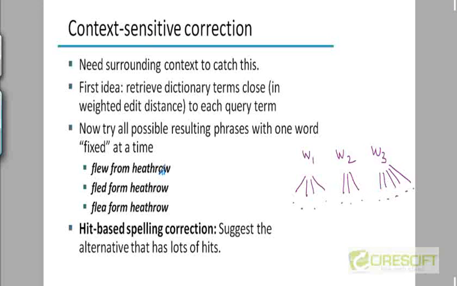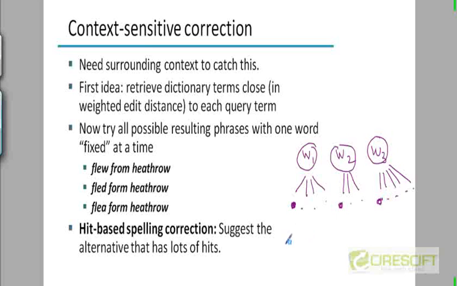Yeah, thank you. Now once we have all the spelling suggestions for each word in isolation, we will take each of these suggestions one by one and combine them in all possible combinations. Okay, so I could take the first spelling suggestion for W1, combine it with the first spelling suggestion for W2 and the first spelling suggestion for W3.